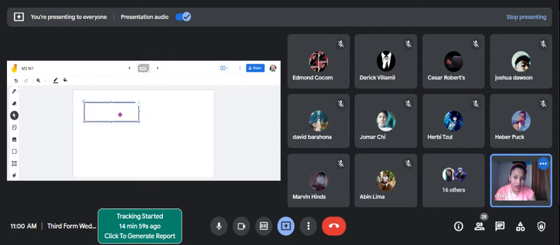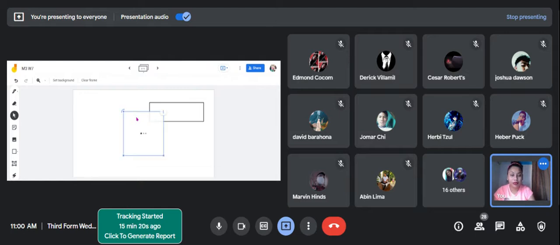Okay, so I have the rectangle. I'm going to put a rhombus. That's a rhombus. And then I'm going to put a parallelogram.